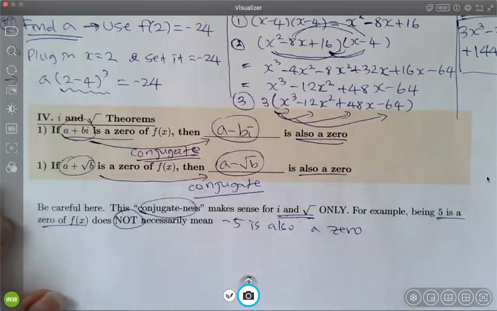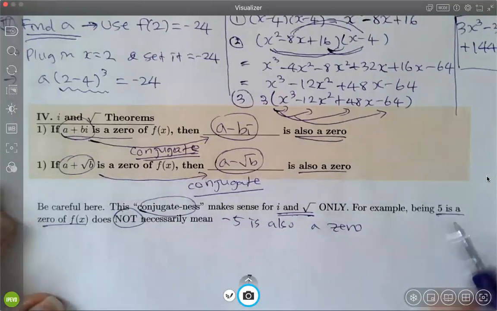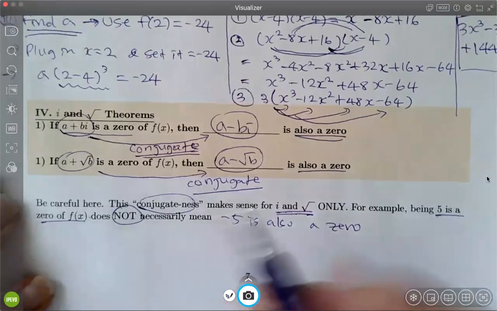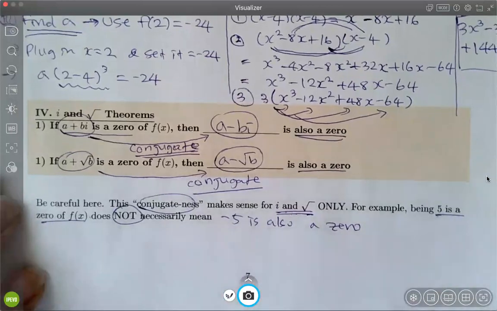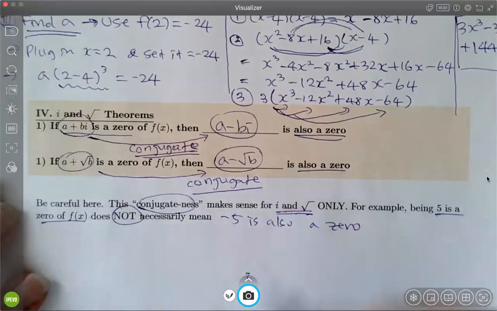So 5 is a 0 of f of x. Sure, -5 can also be a 0, but if that's the case, that will be given. It's not something that you can deduce, okay? So 5 is a 0 does not mean -5 is also a 0. That might be the case, but it will be given in a problem.